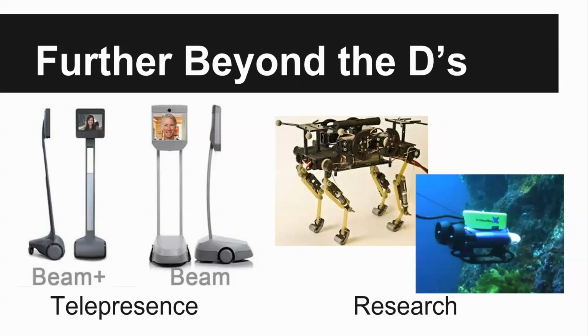The Beam Plus and Beam, you're able to maneuver hallways, move along, go in elevators, walk and talk and have conversations, and you're sitting in your living room, you're sitting in your family room, you're sitting at your kitchen table having coffee while you go to meetings and have conversation. And that conversation could be taking place in Germany while you're sitting in New York City, or you're in Australia on a beach and having a conversation with somebody in a high rise in Tokyo. So the telepresence capability is something that's definitely on the rise.